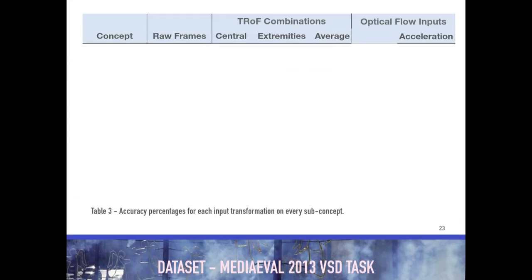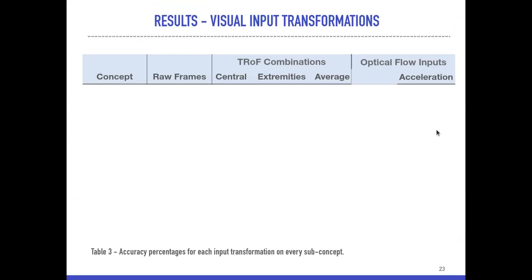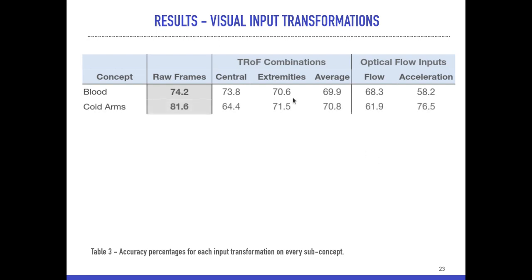So the first set of experiments was with the input transformations, using raw frame combinations and the optical flow and optical acceleration inputs. Here we can see the classification accuracy results for each subconcept. So we have blood and cold arms.